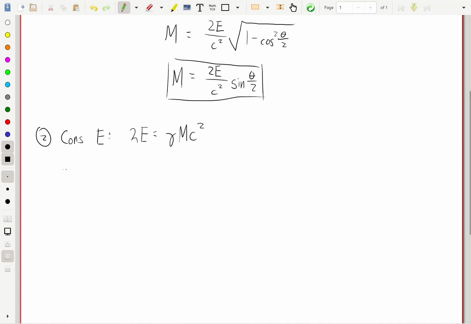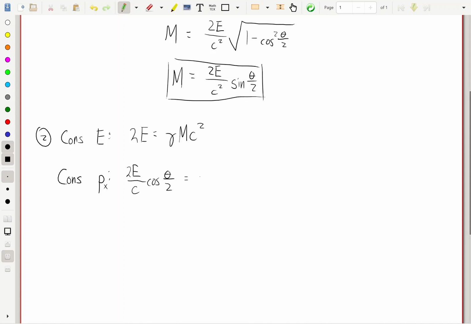So we need a separate equation, and it's the conservation of momentum. Here we have the x component of its momentum in the horizontal direction. We have E over c cos of theta over 2 as before, and since there are two photons, we'll double this quantity.